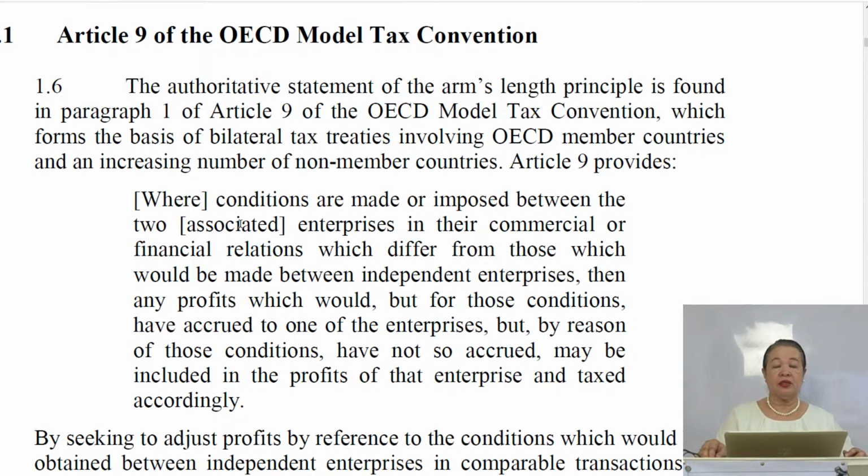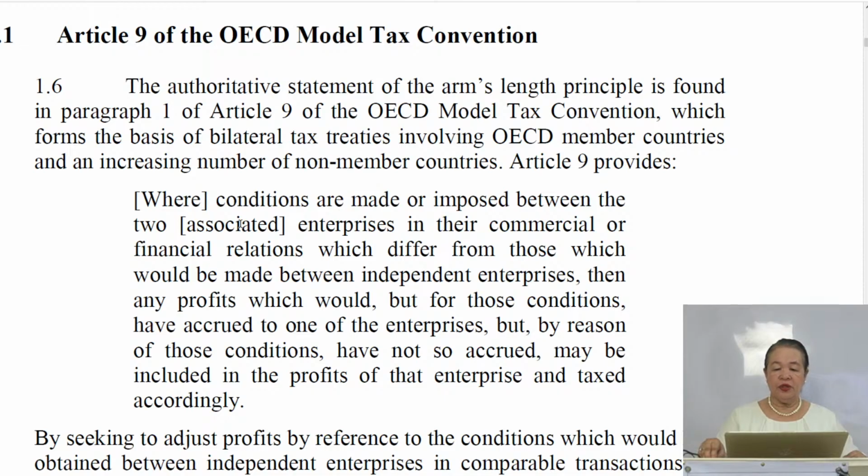And this Model Tax Convention is a product of deliberation and work of the OECD to come up with better policies on how to resolve issues in taxing income and capital belonging to different persons or citizens of different countries.